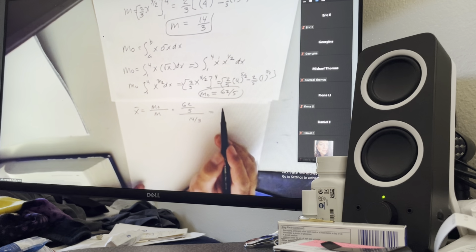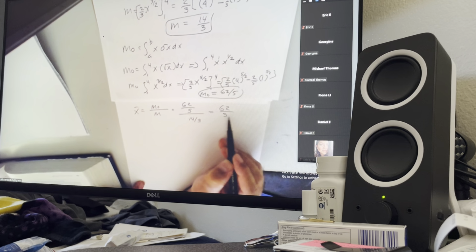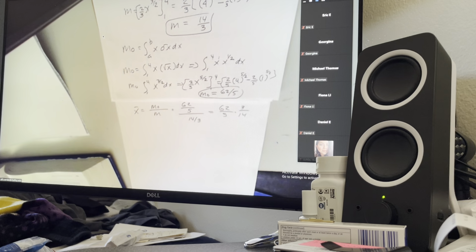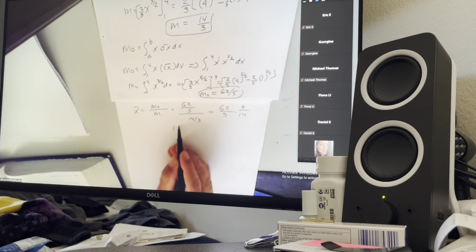Just use the 62/5 and multiply by the reciprocal, 3/14. You can leave it as a fraction, so 62 times 3, that's 186, over 14, that gives you 70.